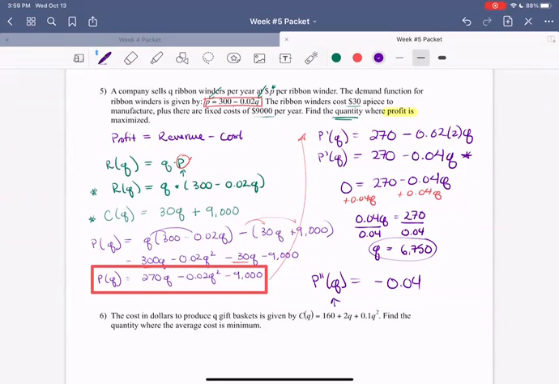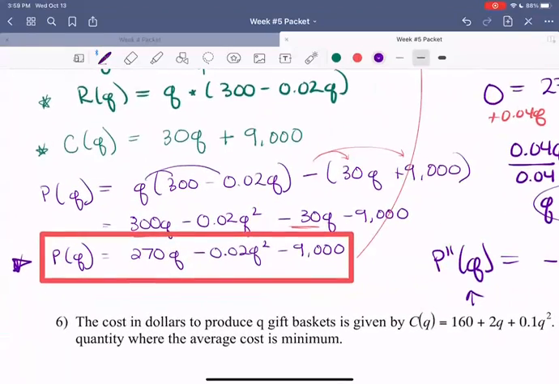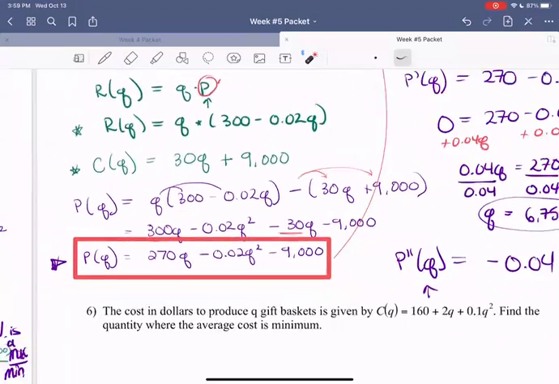So no matter what Q we have, we're always going to get a negative, which means we have a concave down function, which means that critical value, that horizontal tangent line, will be a max. We could also just go back to our profit function and recognize that this profit function is a quadratic function. It has this squared term, and the constant on that squared term is negative. So yep, we have a concave down function.